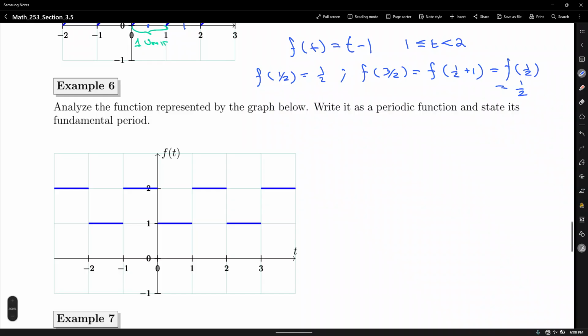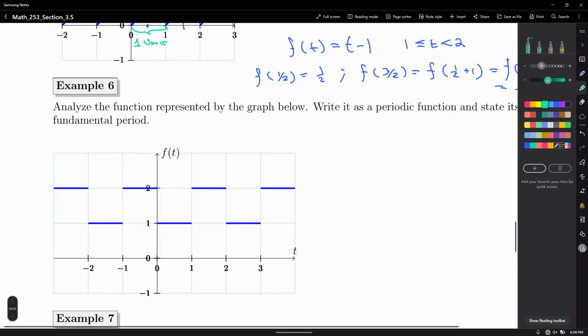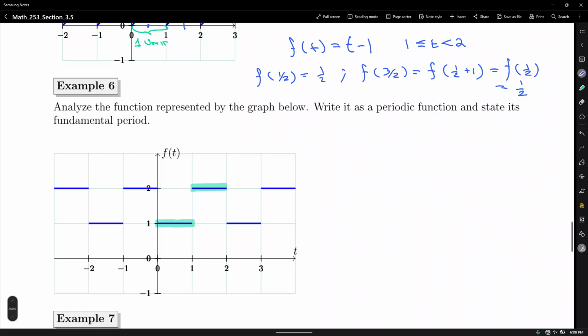That doesn't always work. That's actually the next example. For instance, here, do you agree that the shape that repeats for this function is this one right here? And then you see it again, and again and again. So let's describe this as a piecewise function this time, because we have more than one shape. f of t is 1 for t between 0 and 1.